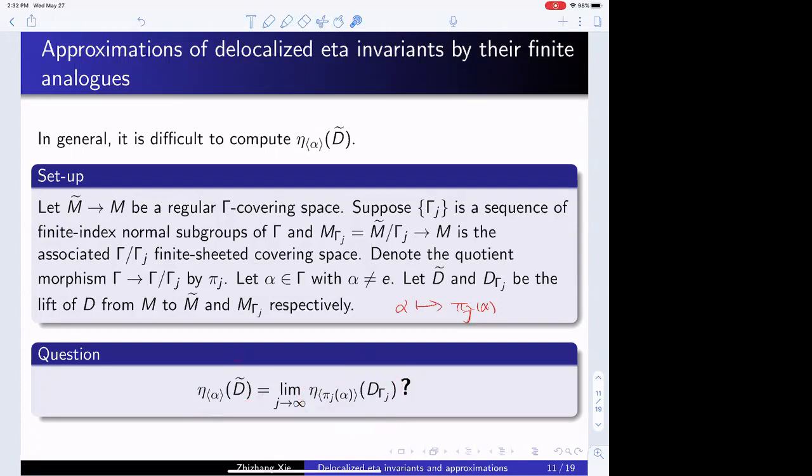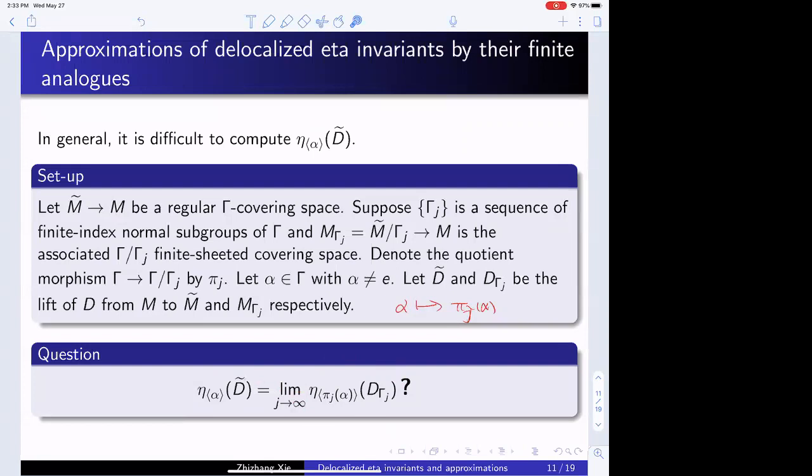Now the question is: the delocalized eta invariant on this big cover, on this gamma covering space, can it be approximated by these finite analogues? In other words, is the limit here the same as that? Of course, provided all these are well-defined.